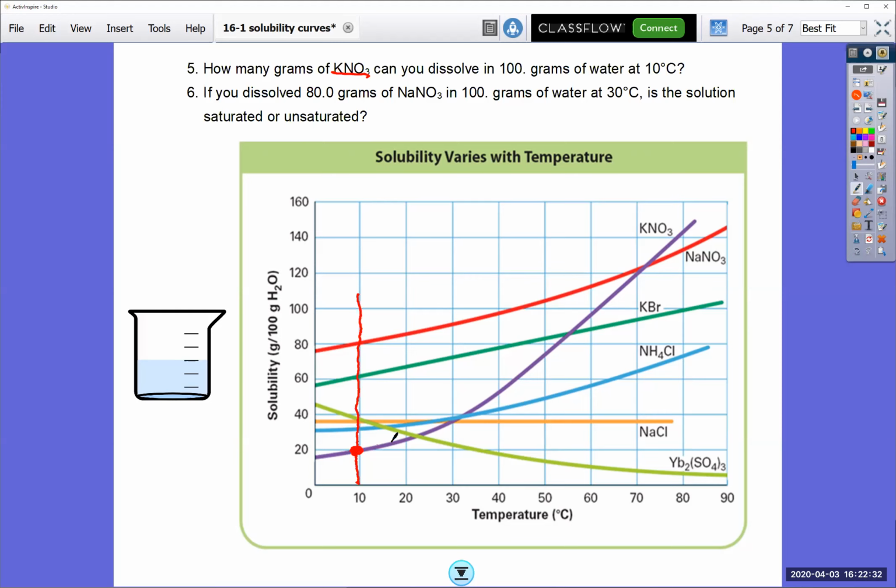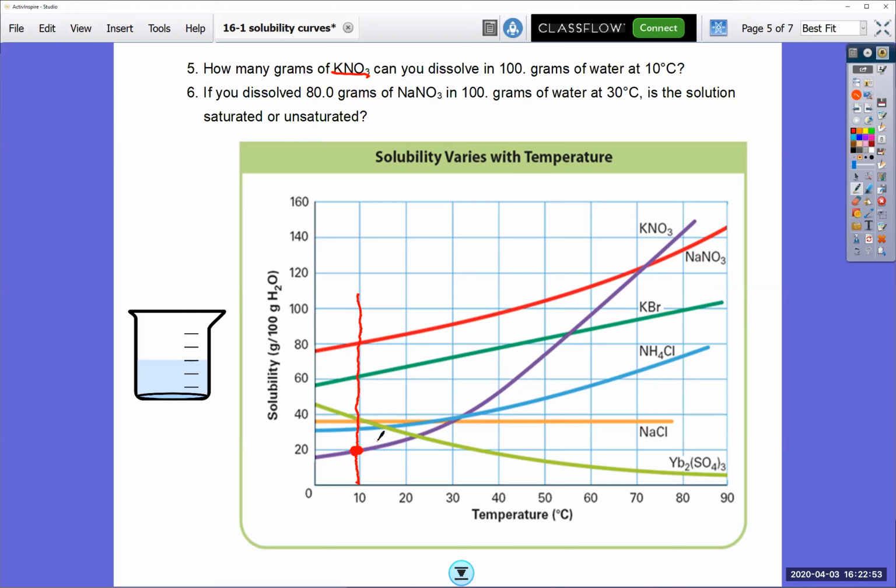Each line, when you're on the line, means you are saturated. That is the maximum amount you can dissolve at that temperature. If you are below the line, then you are unsaturated, which means you can actually dissolve more. So since I'm on the line at 10 degrees Celsius, the maximum amount I can dissolve is 20 grams.